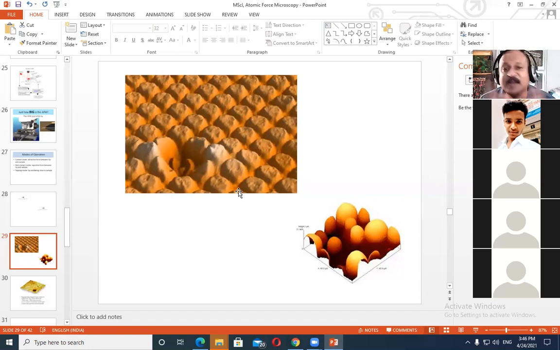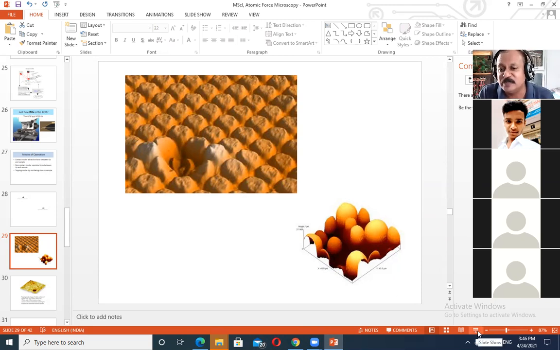So what I'm trying to say is that every movement of the probe is detected by the detector and it is recorded. The distance which is traveled by the probe at every point, up and down or along the surface, all the distances are recorded, and therefore the dimensions of every feature on the surface can be recorded. That information is made available.